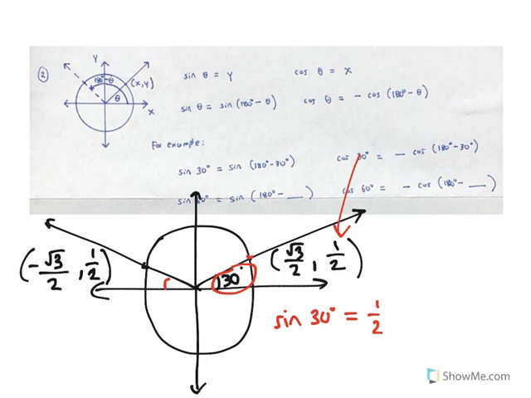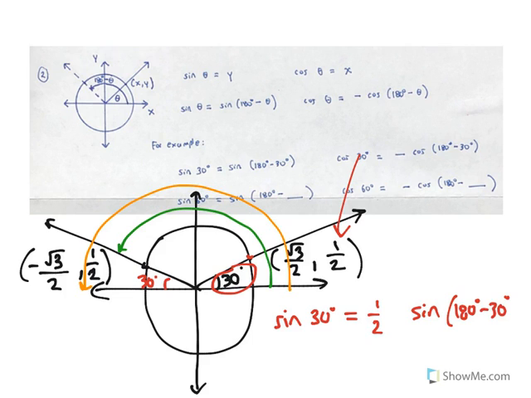If this angle here is also 30 degrees, then the angle of rotation that we have here would be 180 degrees minus 30 degrees, or 150 degrees. Or you can write sine of 180 degrees minus 30 degrees, which is, of course, 150 degrees. But sine of 150 degrees is also 1/2. And that's what this is stating here.